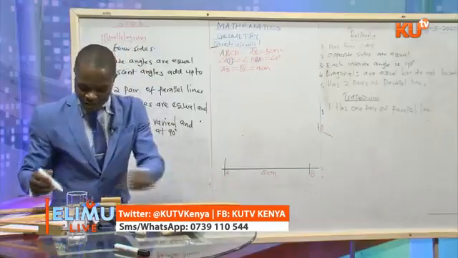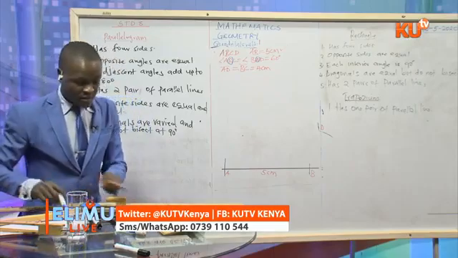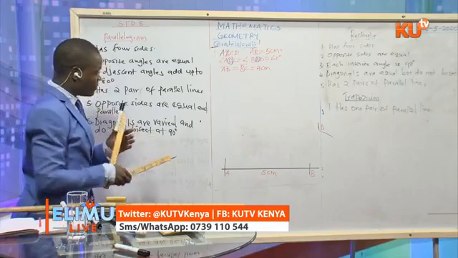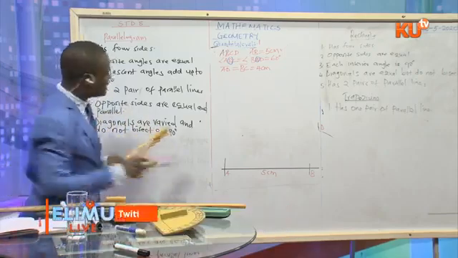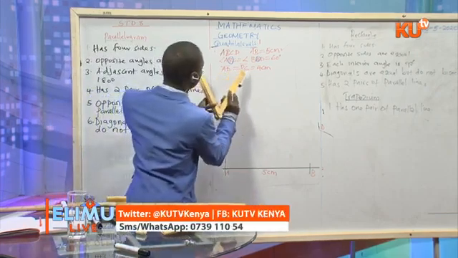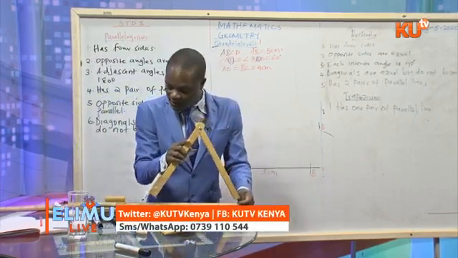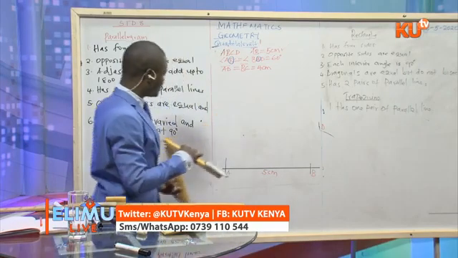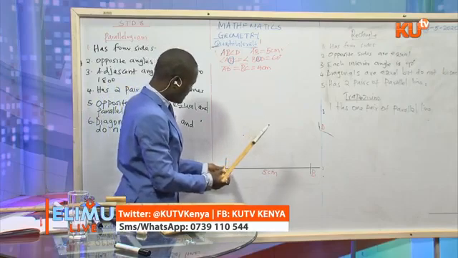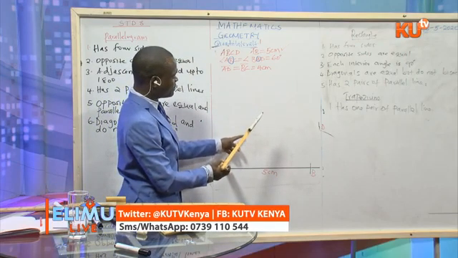After putting the dot, you also measure the line. We are also told that line AD is equal to BC, which is equal to 4 centimeters. So measure 4 centimeters. After measuring 4 centimeters, stand at A and then draw an arc above the dot. The dot will guide you on where to draw the arc.